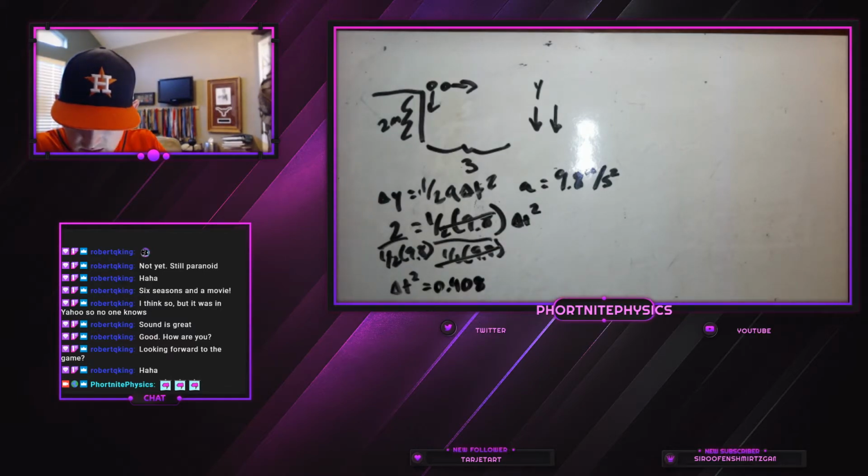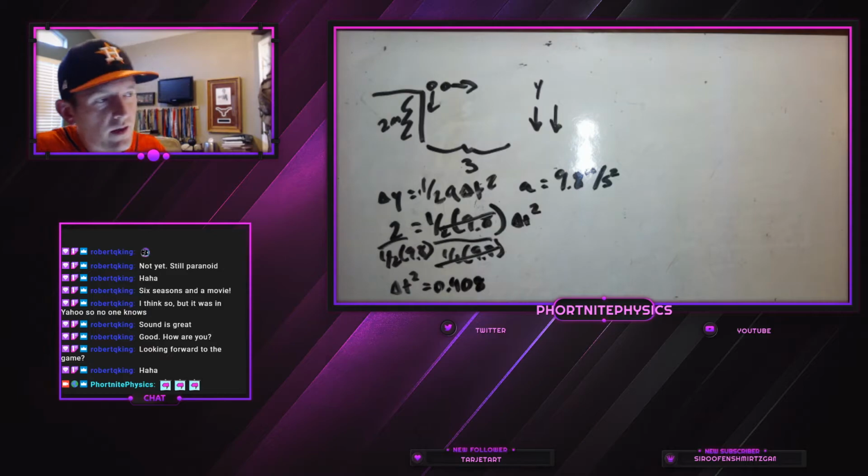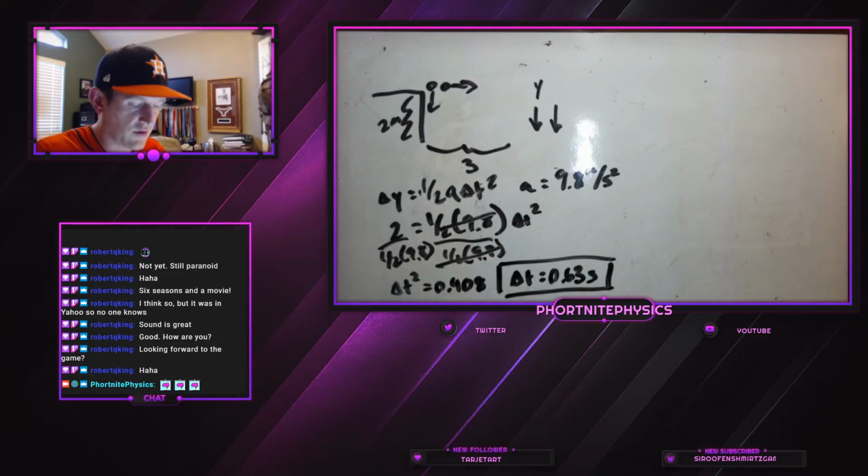Square root both sides, and we have a delta t of 0.63 seconds. That's how long the objects are in the air.